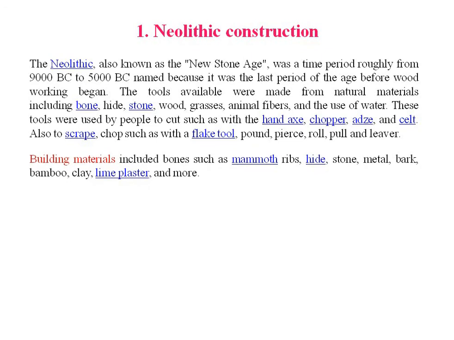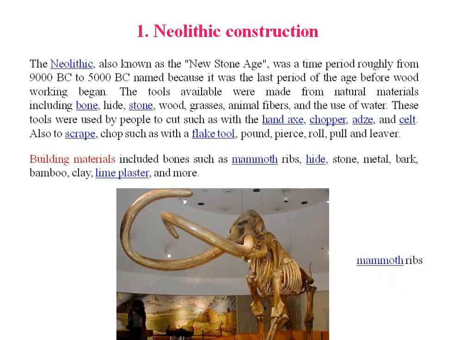So building materials included bones such as mammoth ribs, hide, stone, metal, bark, bamboo, clay, lime plaster, and more. Let us see one figure of mammoth ribs.